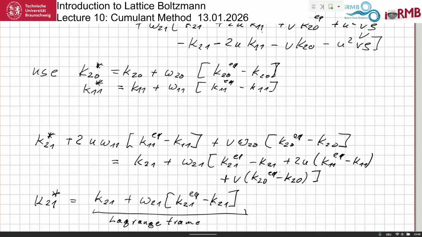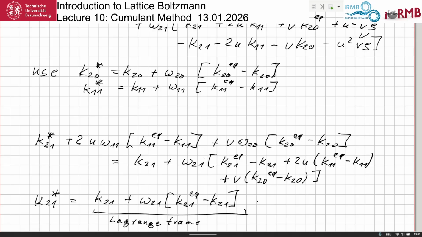Now, that's not all that is written here. On the one hand, we have these things here, and on the other side, we also have these things here. They look similar. They have a 2u in front of them. They are both coming with plus, so they look like they would cancel out. But there's a difference, and this is to do with the relaxation of the different moments, because this has the relaxation of the second order moment, and this here has the relaxation of the third order moment in front of it.